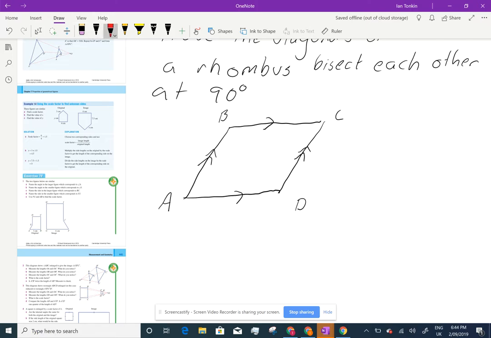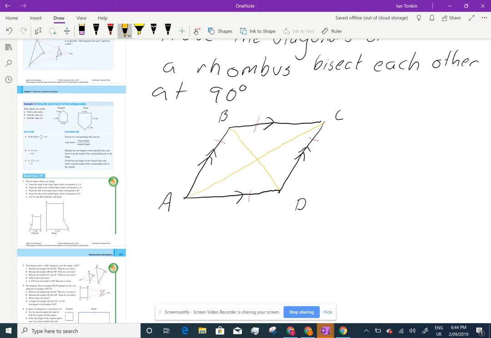Part of our definition says that adjacent sides are equal, and because we just proved that opposite sides are equal, they're all equal. Now, I'm going to have to prove that the diagonals bisect each other at 90 degrees. So I'm going to have to go down here. I'm going to have to go up here.